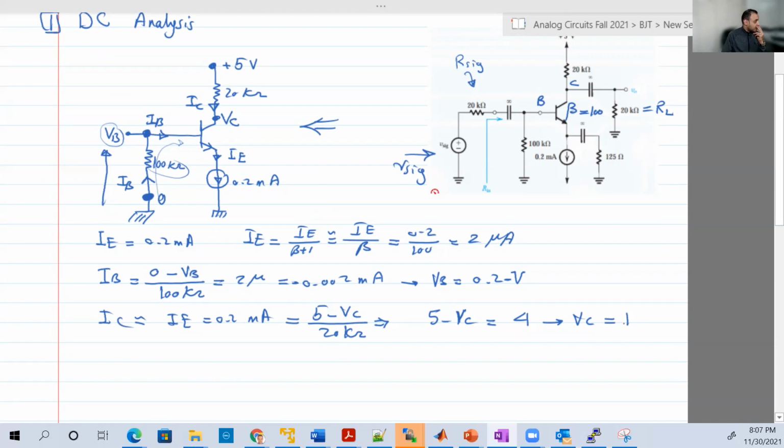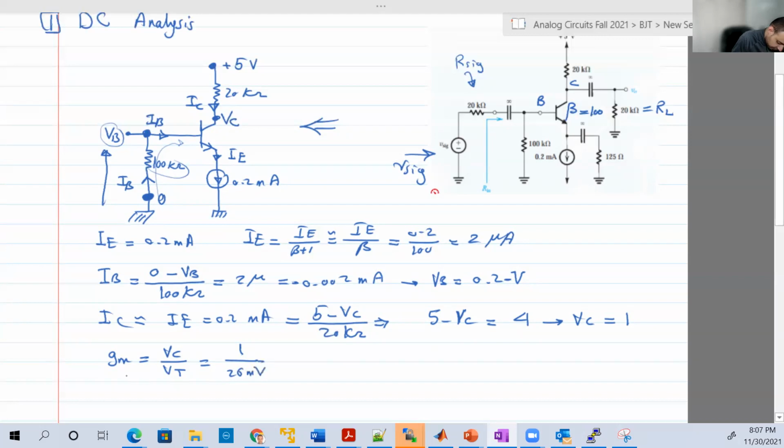What else was required? GM. GM is IC over VT. VC is a known one. VT is 26 millivolt. I'm sorry, not milliampere.